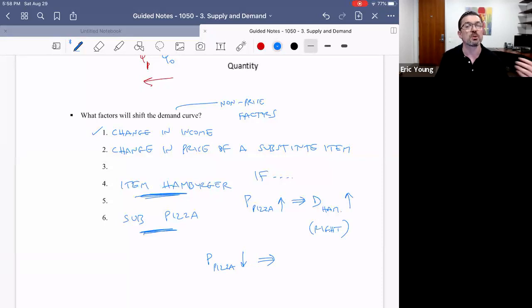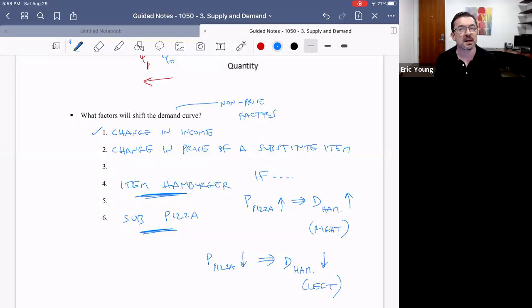You want to consume more pizza. And if you're consuming more pizza, you'll consume less hamburger, even though the price of hamburger didn't change. Okay? If the price of pizza goes down, you favor pizza over hamburger, and therefore your demand for hamburger will fall, shifting the demand curve for hamburger to the left.